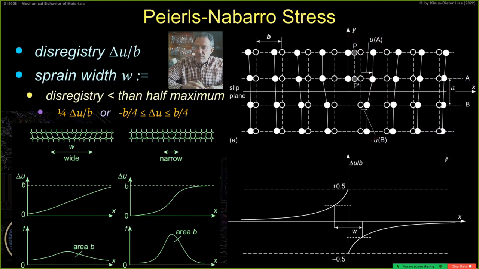So you see the big A is the one plane and the big B is the plane below, the slip plane. They are separated by the lattice parameter a along y. And we measure the displacement u of A and u of B.